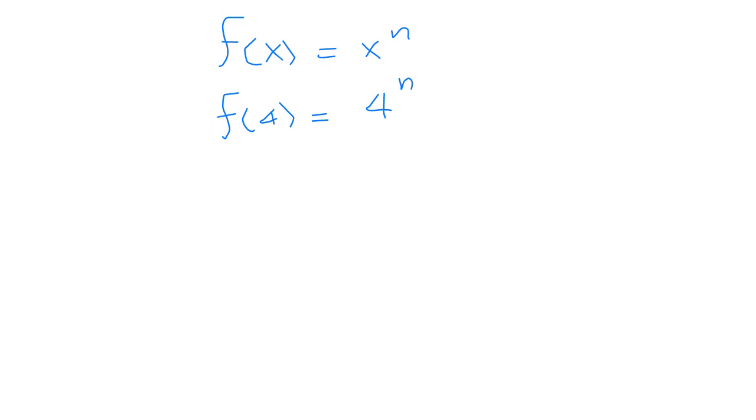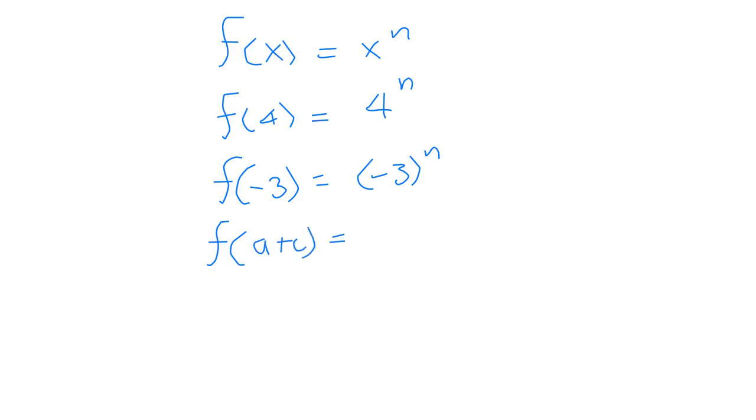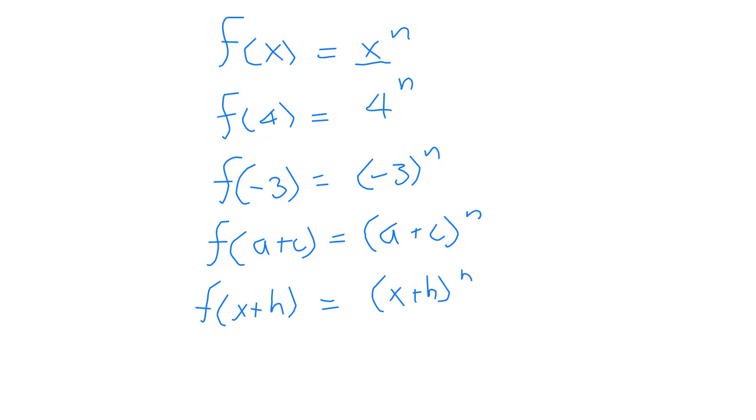Make sense so far, Anthony? Okay with that? Yeah. If I say negative 3, you'd say, okay, replace x with negative 3. If I say f of something, let's say a plus c, replace the x. Remember, still you're replacing this x. Same thing we did all along, replace that x with a plus c. Agree with that too? Yes, sir. So if it's x plus h, replace the x with x plus h, and the same thing each time.